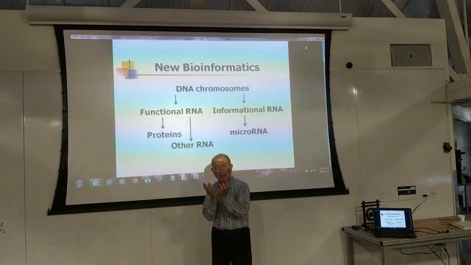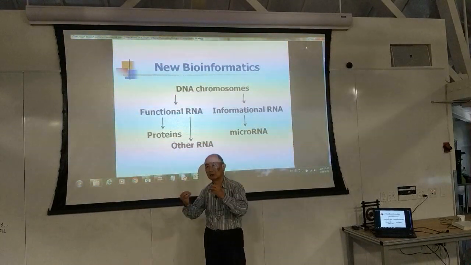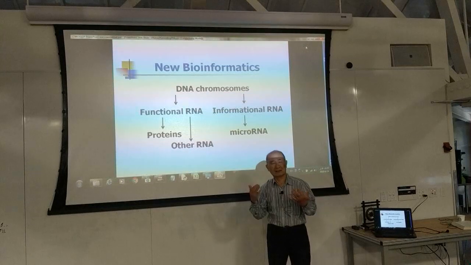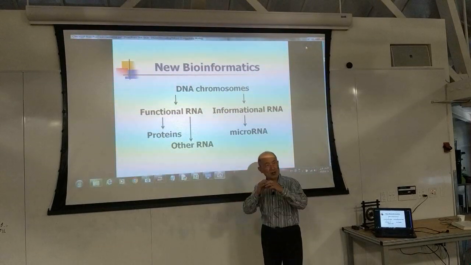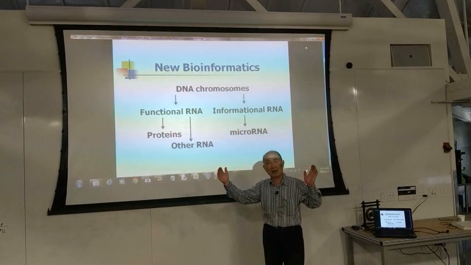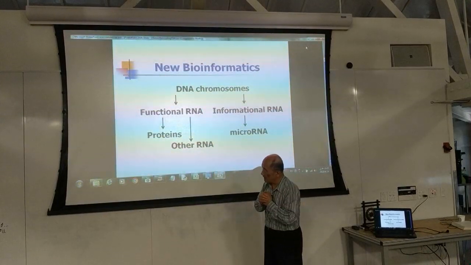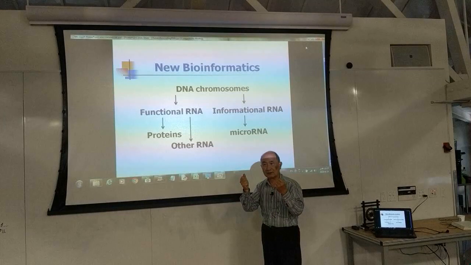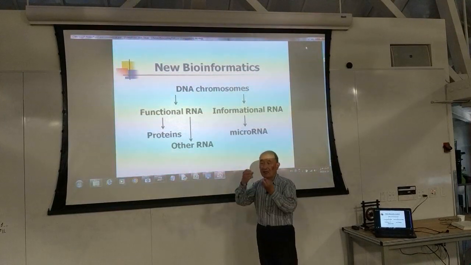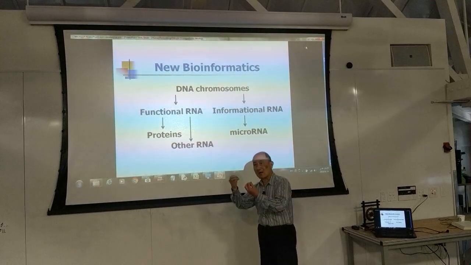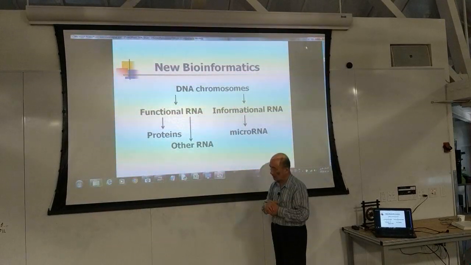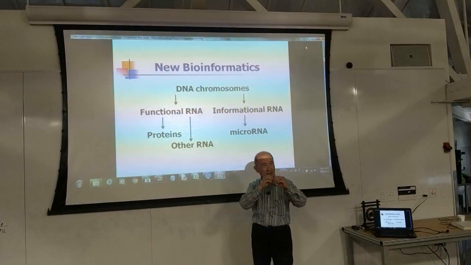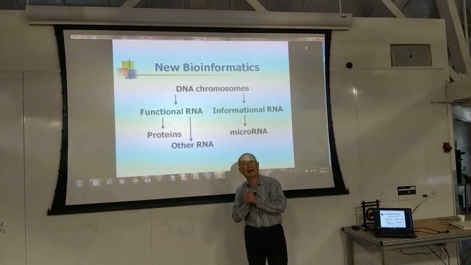And there are other RNA, what they call the transfer RNA. Transfer RNA is a small RNA which grabs each different amino acid, and this transfer RNA brings the amino acid into the ribosome, and then the ribosome uses the messenger RNA to build the protein sequence according to the message, according to the information stored in the messenger RNA.